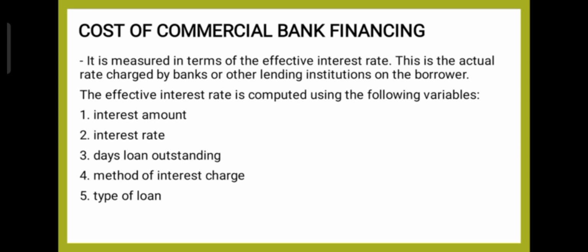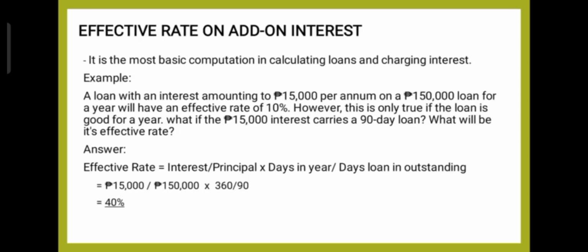So, the effective interest rate is computed using the following variables. So, may 5 variables para makompute ang effective interest rate. Una is yung interest amount. Pangalawa yung interest rate. Pangatlo yung days loan outstanding. Pang-apat yung method of interest charge. And the last is the type of loan.